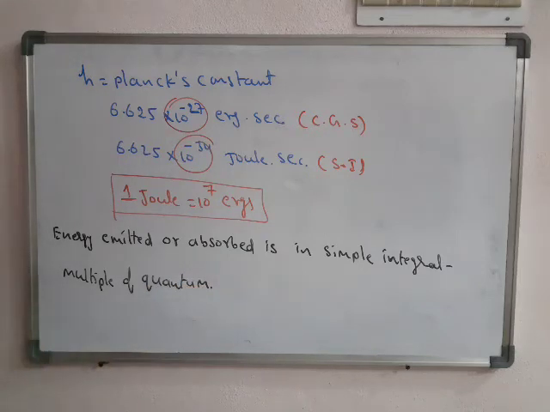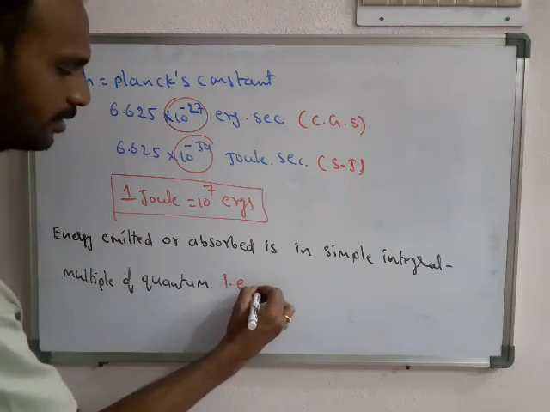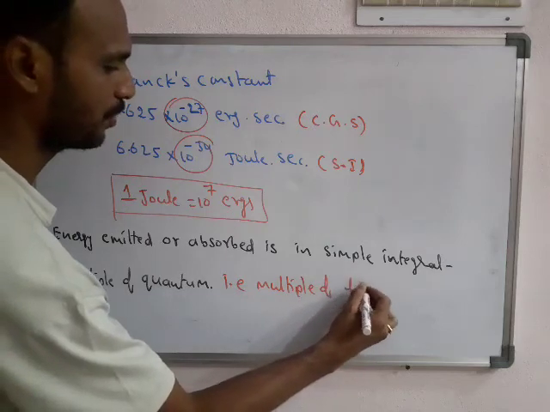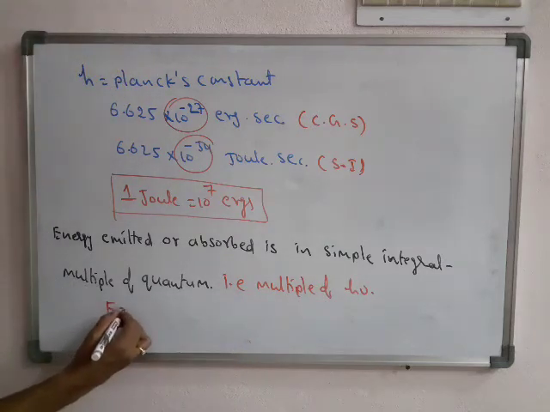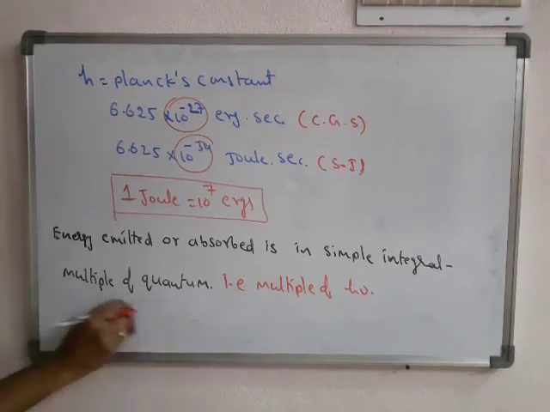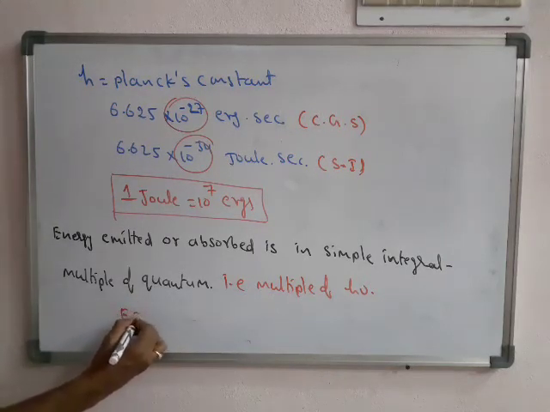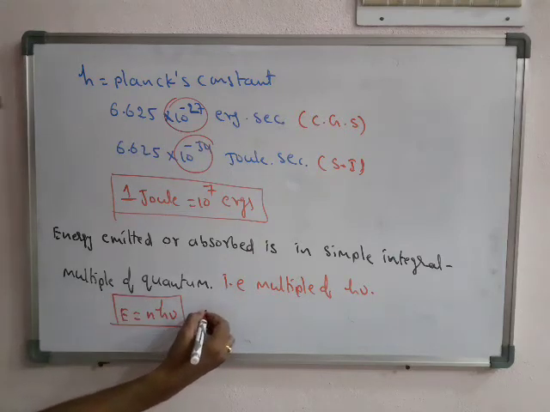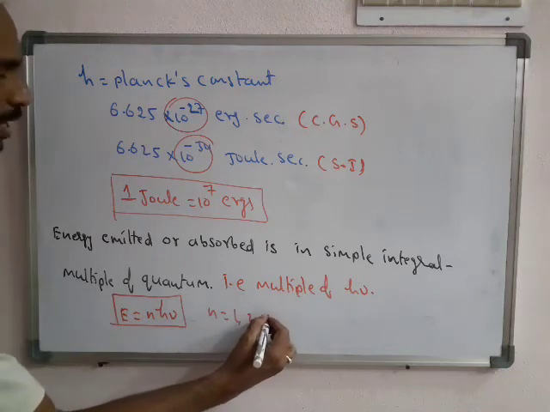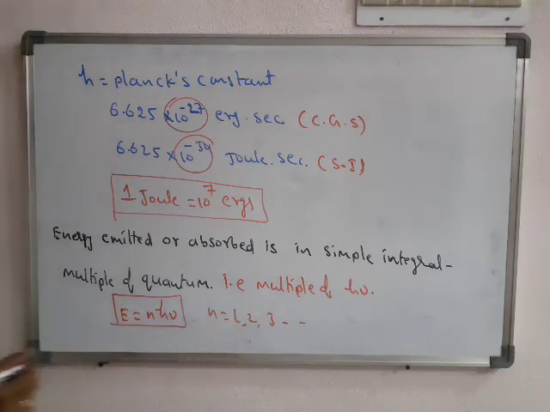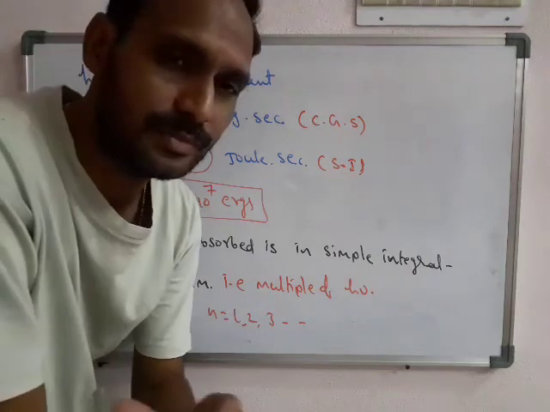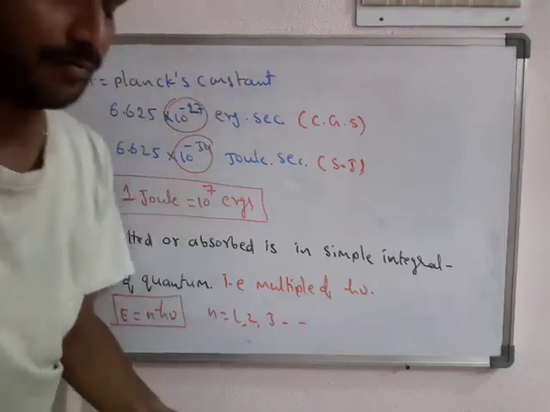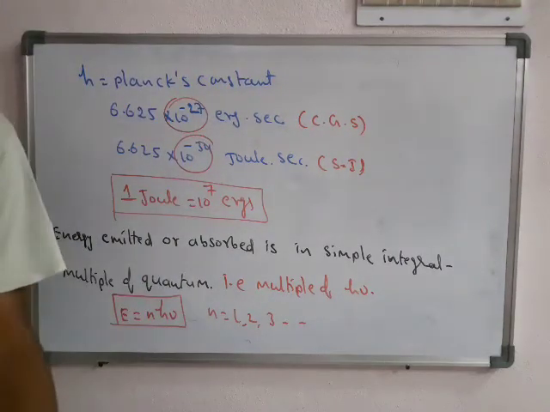Multiple of quantum means multiple of h nu, so the energy of the packets is equal to n h nu. Here n is equal to the integers 1, 2, 3, not fractions. These are the main points about Planck's quantum theory.